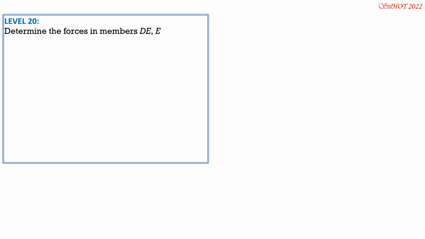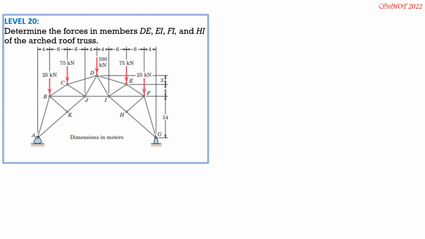Determine the forces in members DE, EI, FI, and HI of the arc roof truss. So this is the figure. Since there's no inclined load, the horizontal component of reaction at G is again 0.